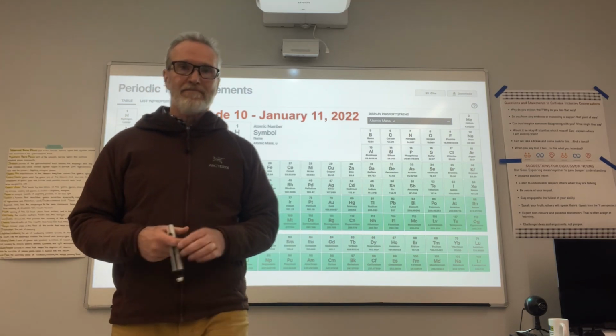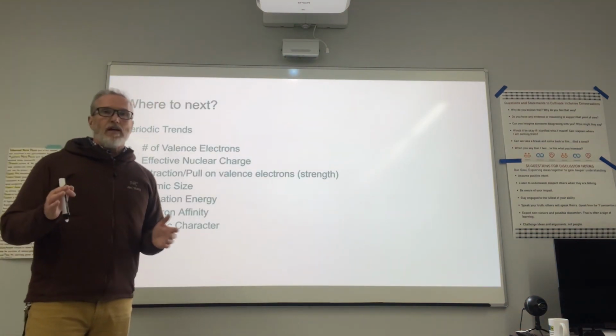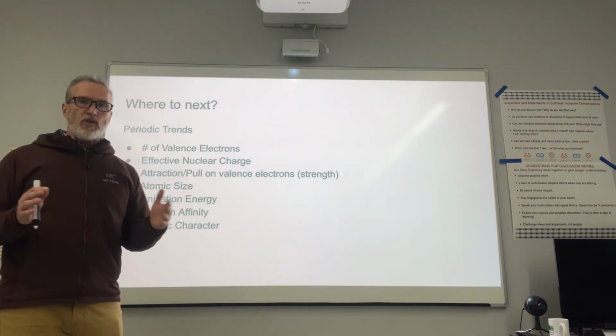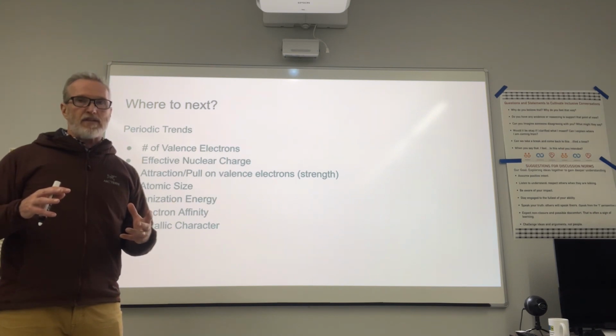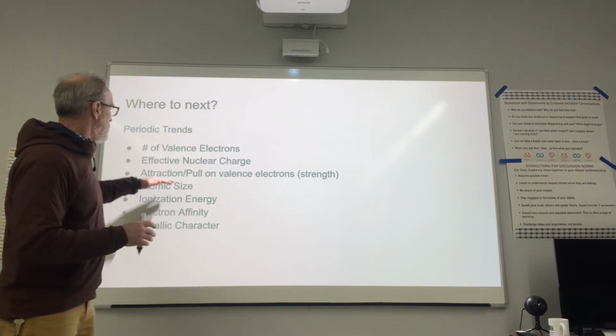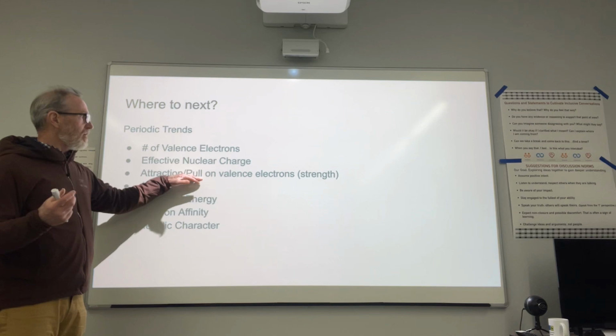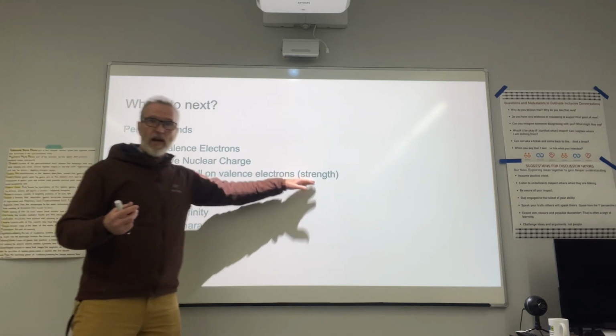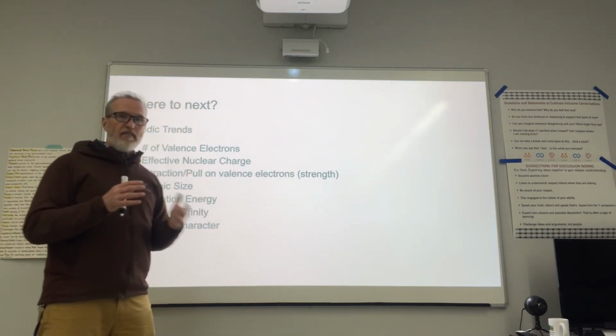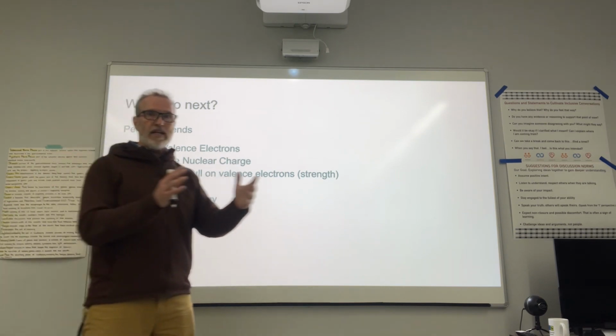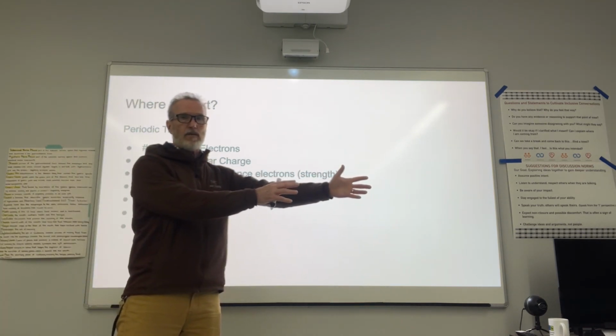So just as I mentioned, as the effective nuclear charge increases, the pull on the valence electrons increases. So when we talk about the attraction or the pull on valence electrons, that strength of pull on the valence electrons, it's increasing as we move across the periodic table.